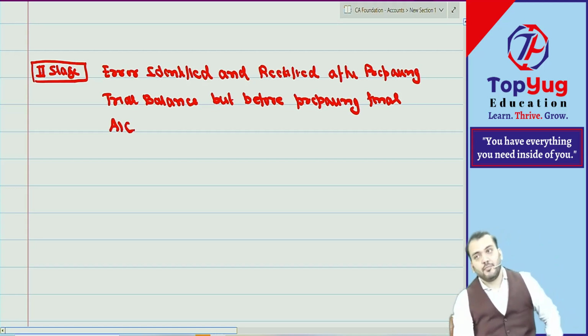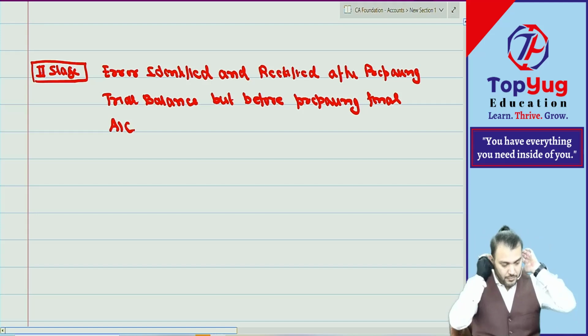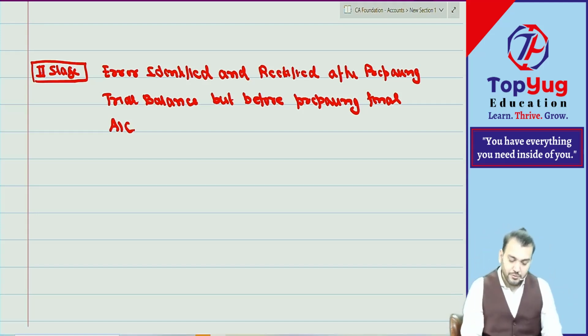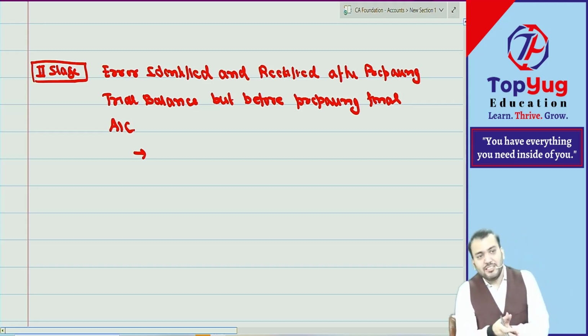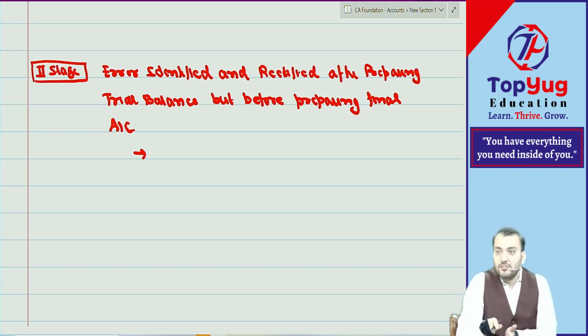Understood? It was already explained that even though it is identified after the trial balance, the rectification is done in the current year only, not in the next year. Rectification is done in the current year only.